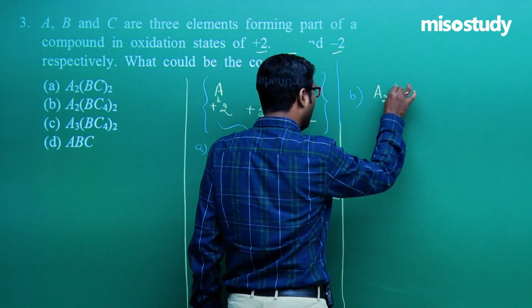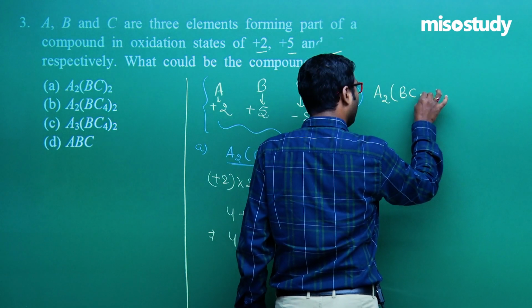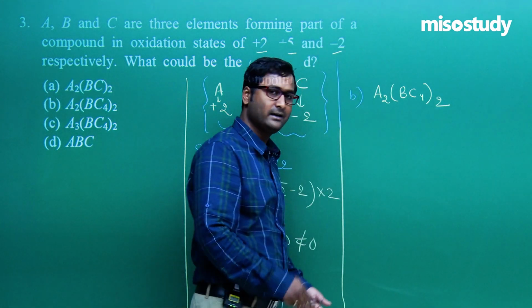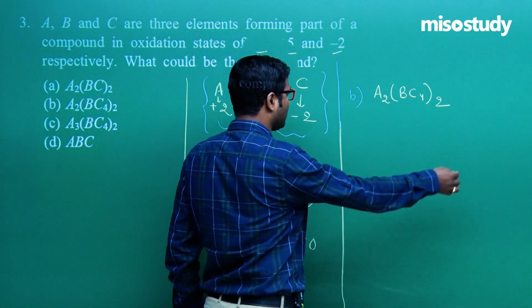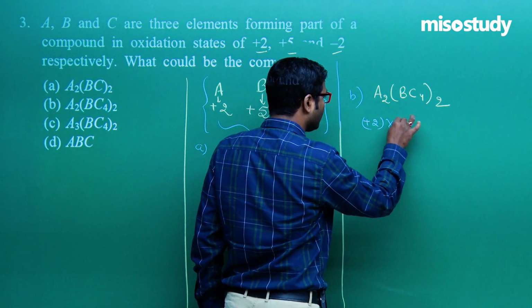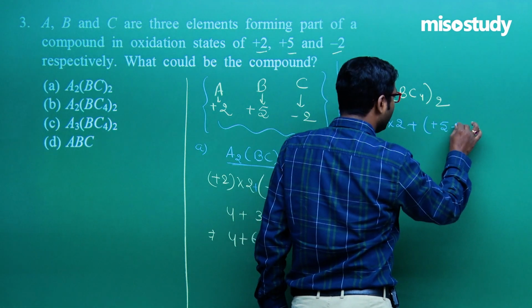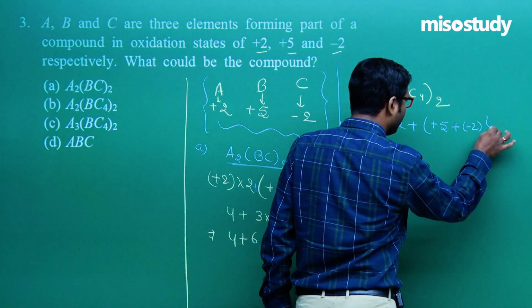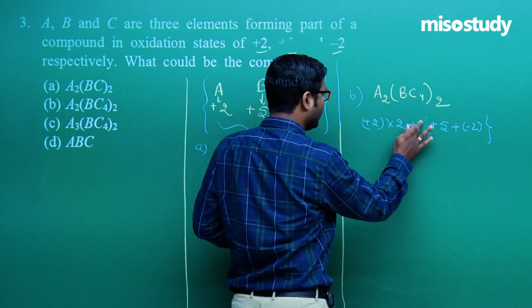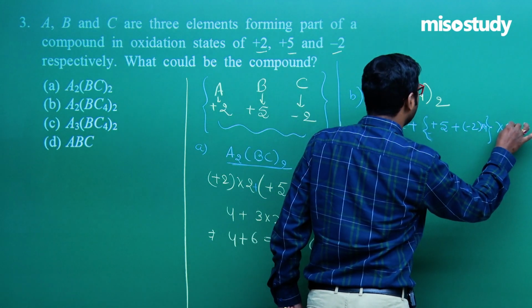By using the option you can get the answer. B C4 whole twice. Clear? Now check out whether it is correct or not. Now plus 2 into 2 plus, for B that is +5. For C we can write, this is the actual representation. I have written here directly, -2 into 4 multiply by 2.